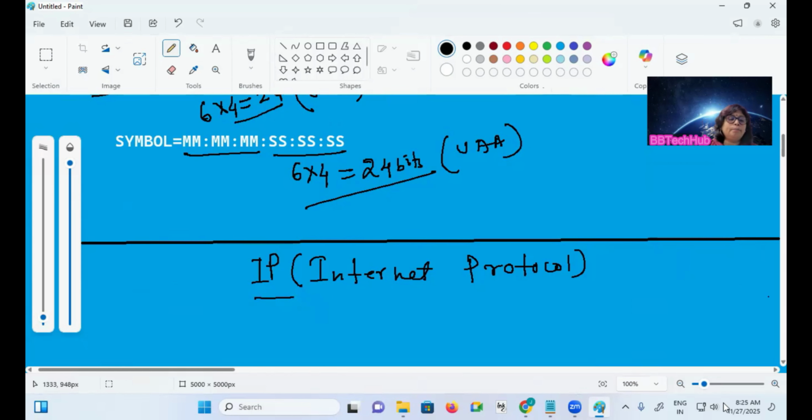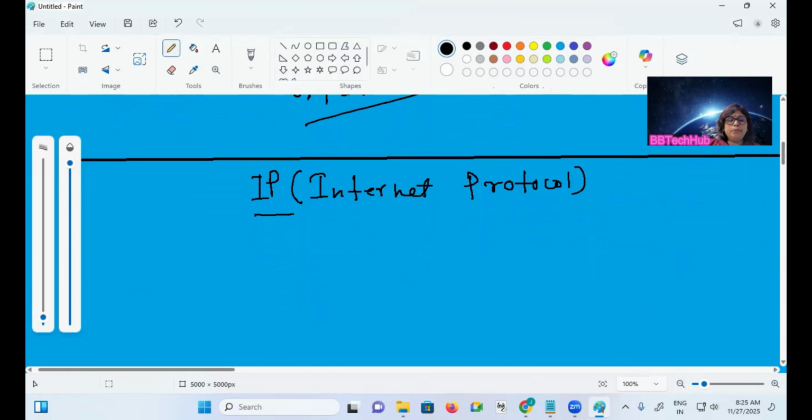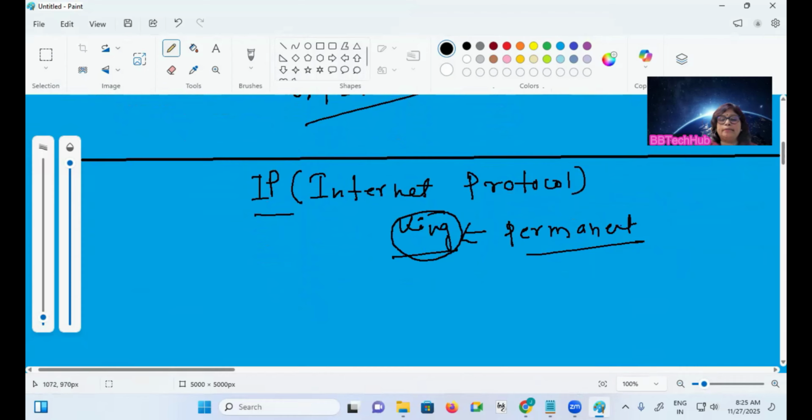Suppose a person's name is King. By birth, the person has got this name from the family, and this is his permanent address. Wherever the person goes, he will be King. We can compare it to the MAC address.